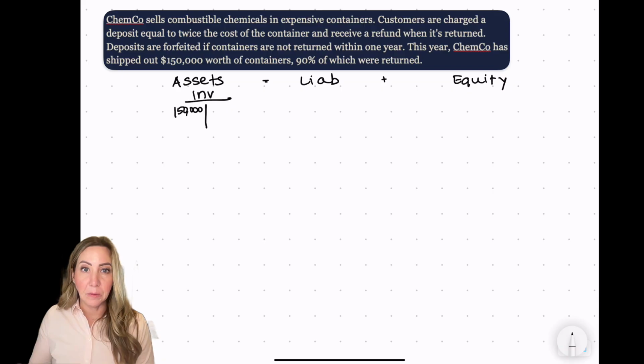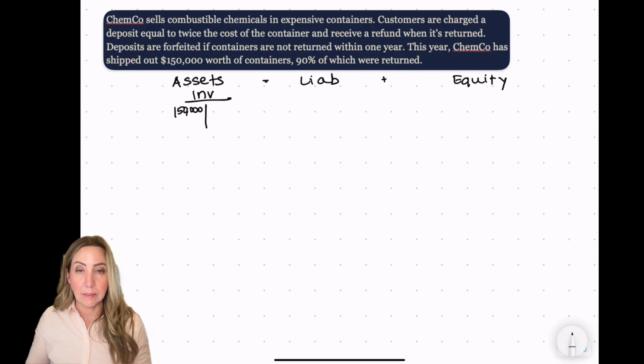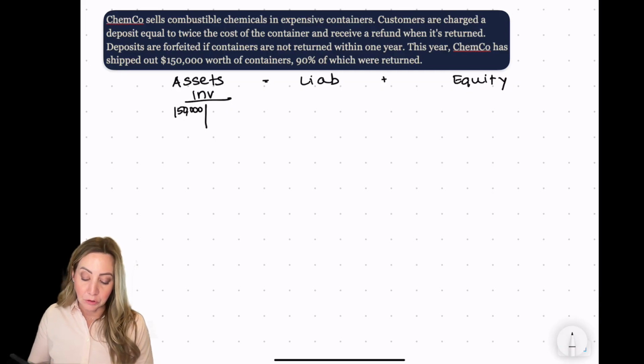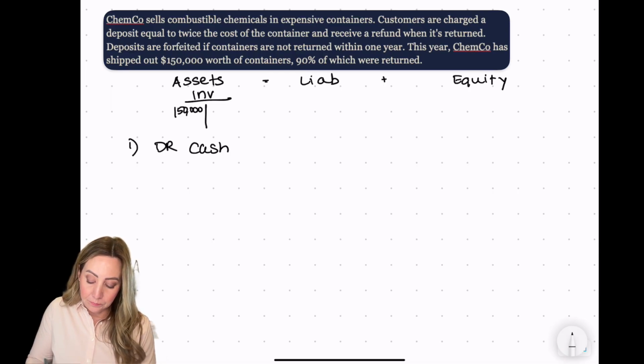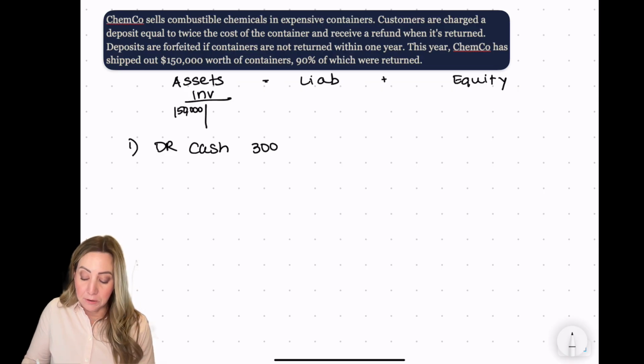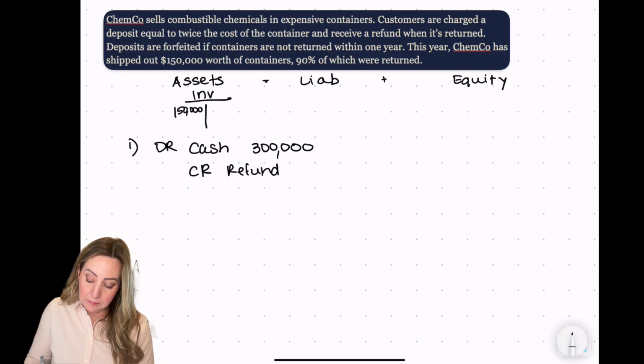So the first entry that we need to make is the refundable deposits that we've received. And they told us that they're charged a deposit equal to twice the cost. So the first entry is the deposits. I'll debit cash. And that's for $300,000 because twice the cost of the refundable containers. And the credit would go to refundable deposits.